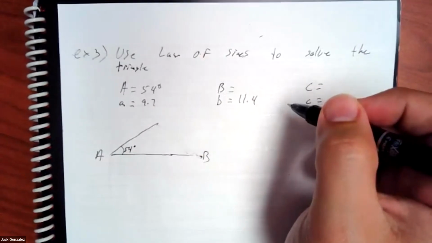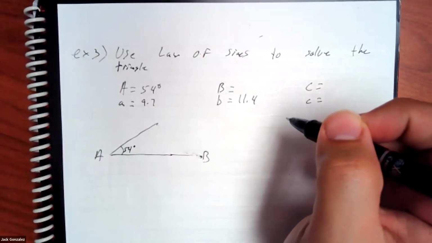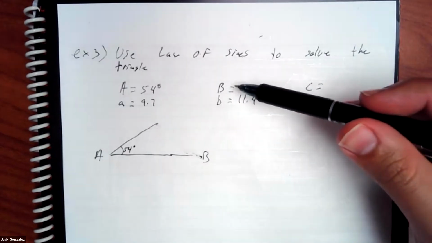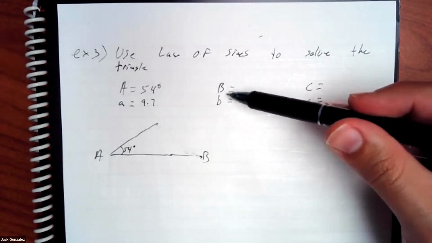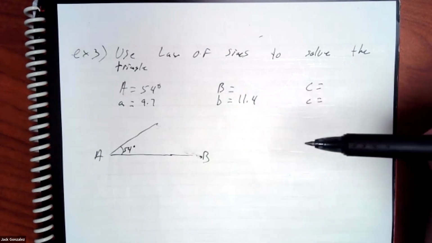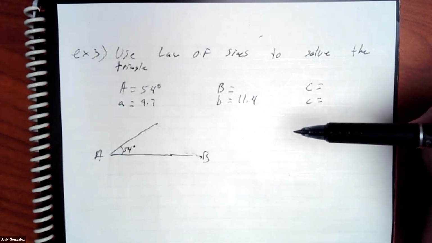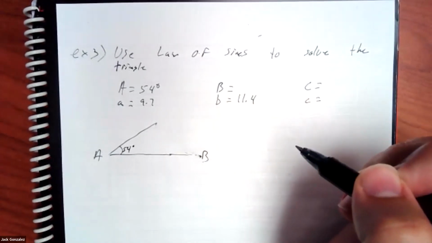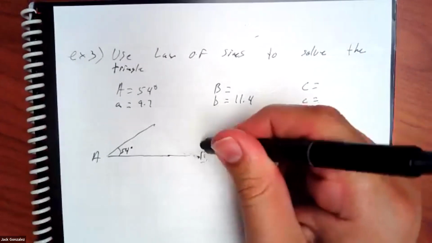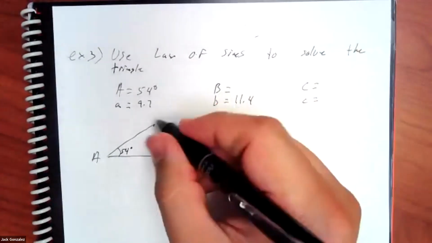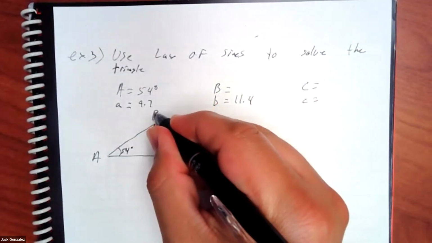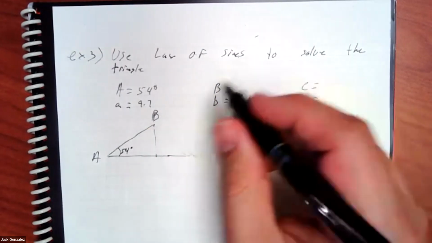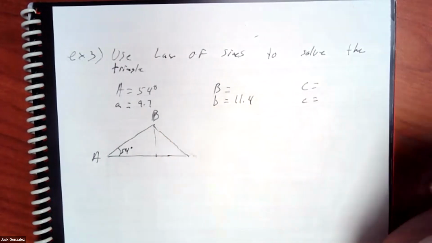The reason why there's two triangles is when you do the sine inverse to find the B here, you can have two different B's, and they're both gonna work. And the reason why that is, I'm gonna put B up here just so you can see it better. So either B is gonna close off over here, or it's gonna close off over there.